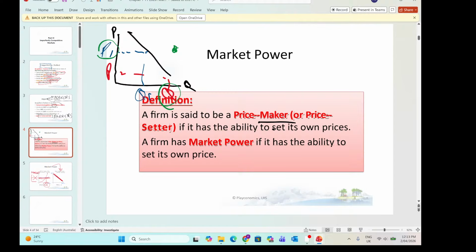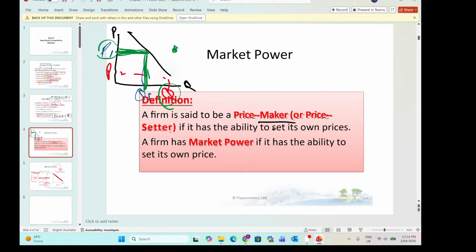Now, why can't we be at the green dot? Because although the monopolist can set the price, they are only half the market. The other half of the market is the demander. So if the monopolist sets the price at P1, which I'm marking, it will be the demanders that decide to buy Q1. So they still have a demand curve.